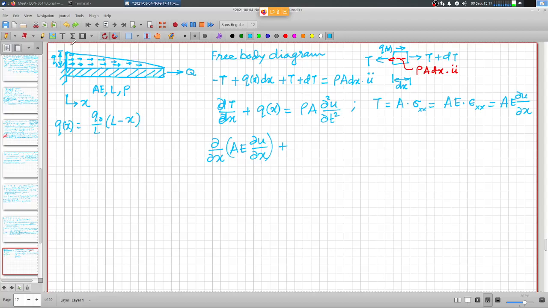You can develop it using the equation of a straight line: y is equal to y1 plus y2 minus y1 divided by x2 minus x1 multiplied by x minus x1, and you will get this expression.